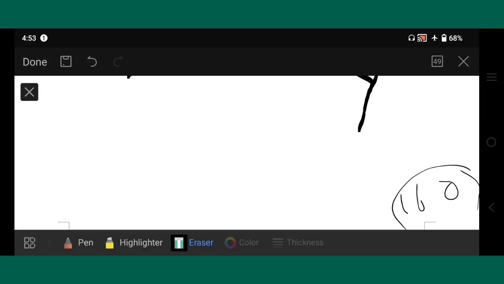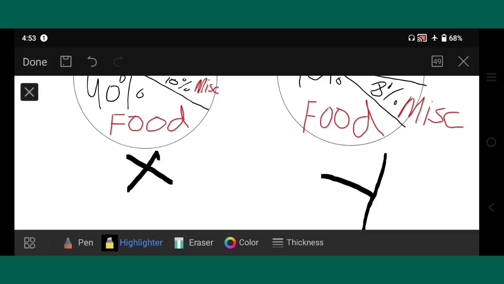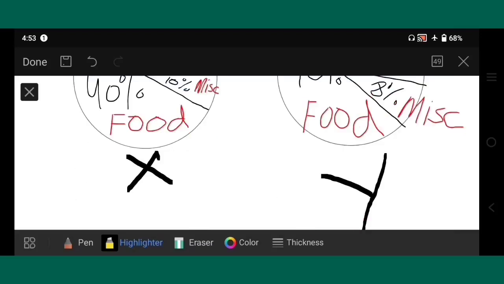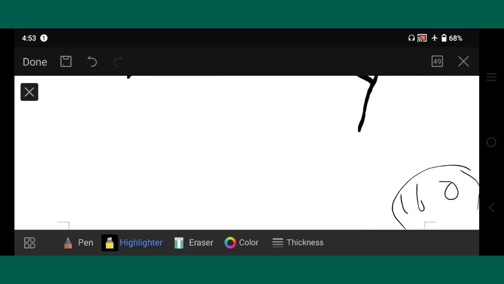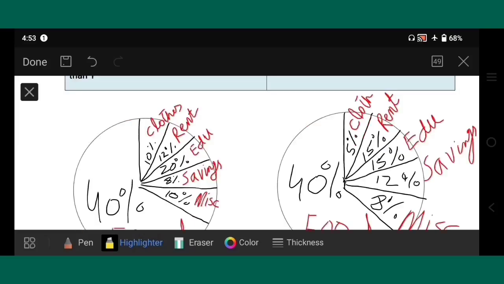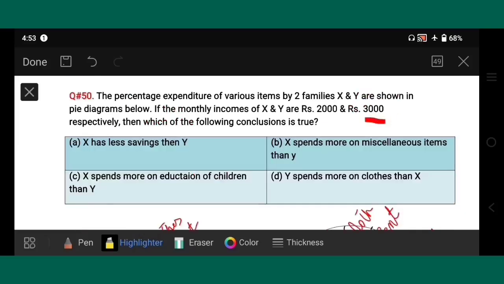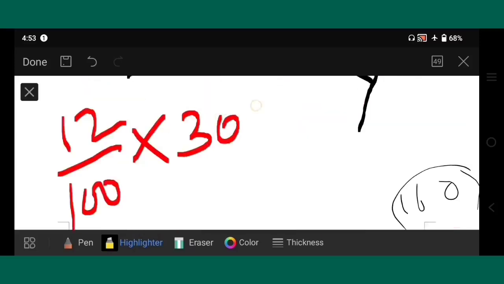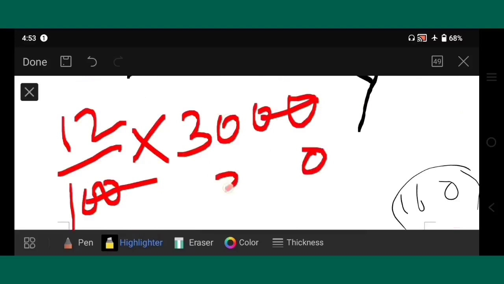For family Y, look over here, this one is 12%. So 12% of the total amount, which is 3000, gives 360.